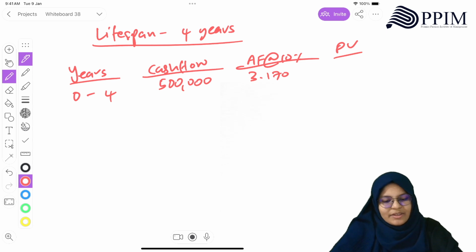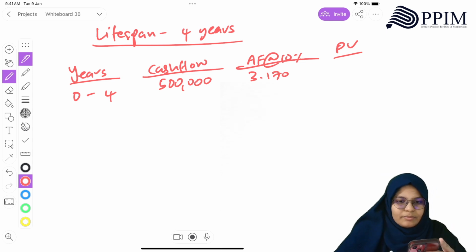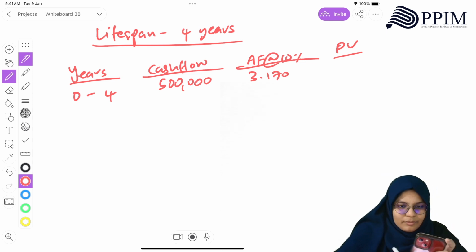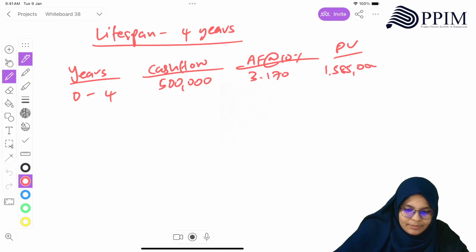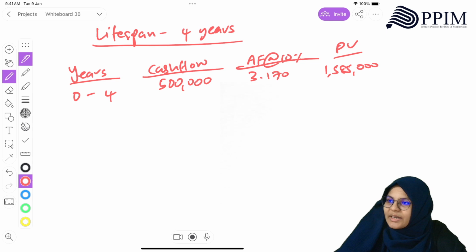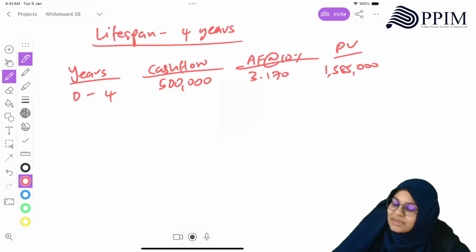So let me get that figure first. So 500,000 into 3.17. So that will be 1,585,000. Okay. Now usually if there is no tax involved, we can stop here. Okay. But here in this question they are talking about a tax that is paid in arrears.